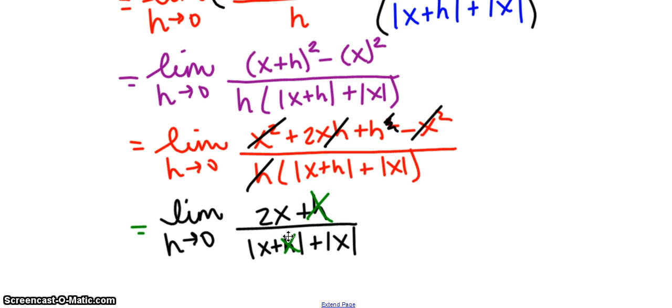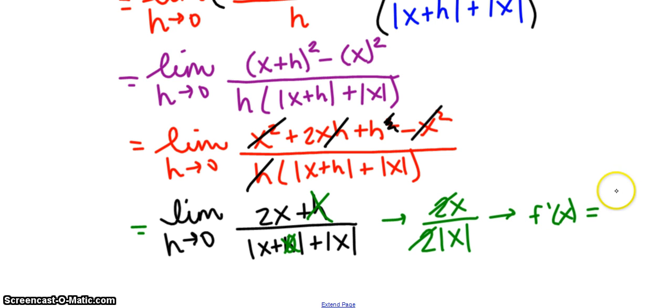This h is going to go to 0. So we're going to actually be left with 2x over the absolute value of x plus the absolute value of x, which is 2 absolute value of x. 2's can drop out, and we are left with f prime of x being equal to x over the absolute value of x.